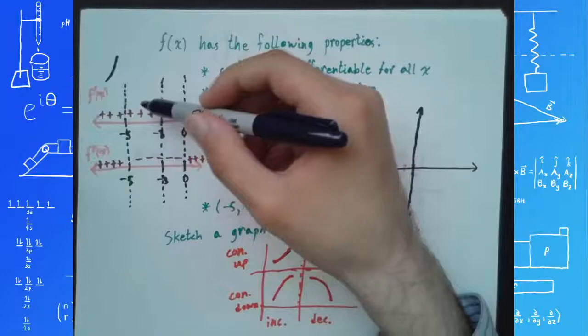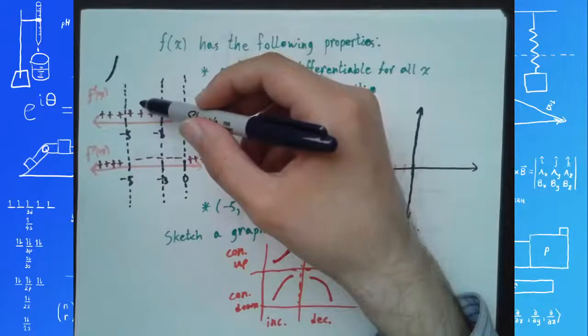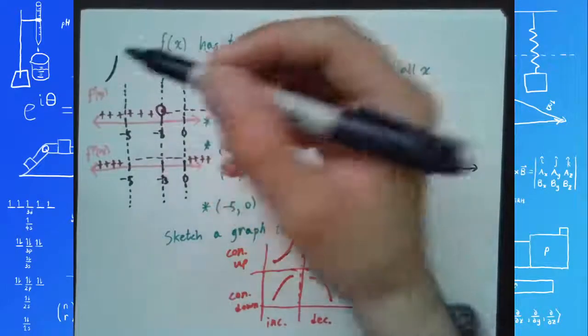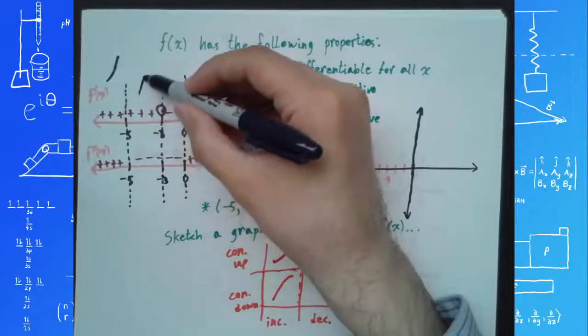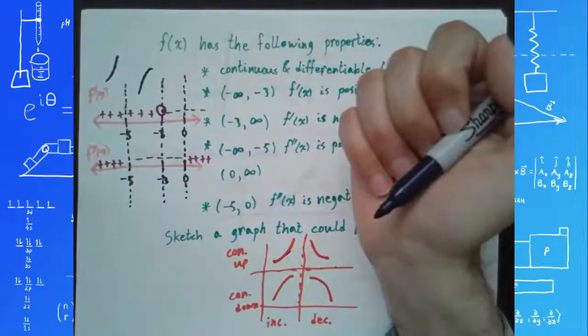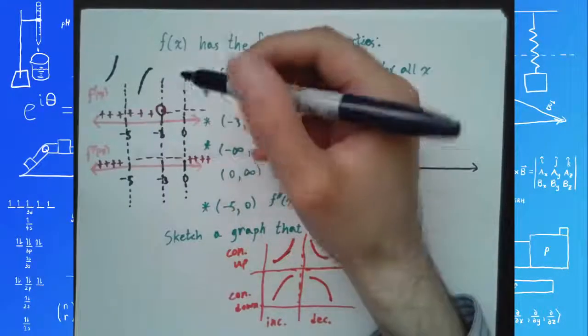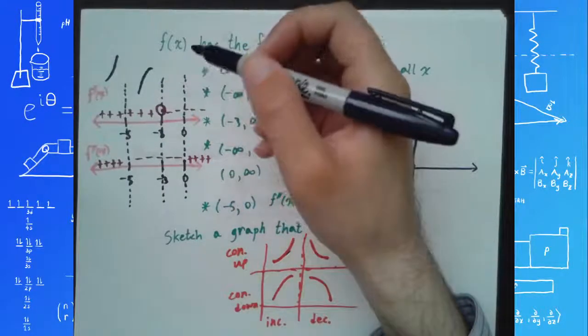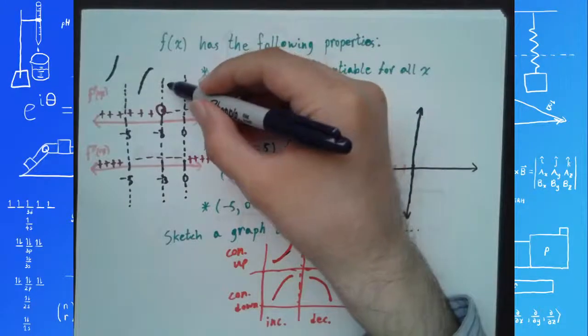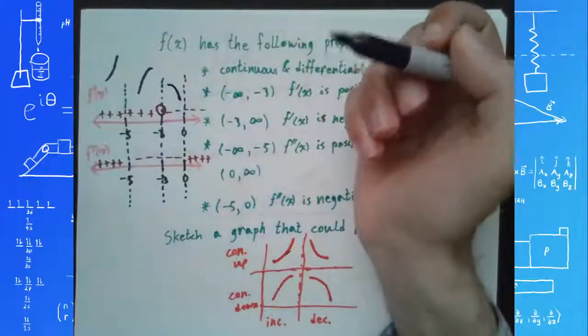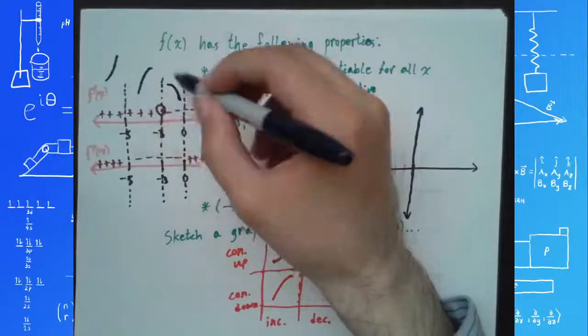Okay, then we have a section that's increasing concave down, so it switches to looking like this. Then over here, first derivative negative, second derivative negative, so that's decreasing concave down. That looks like this, which matches the shape we're supposed to be getting.